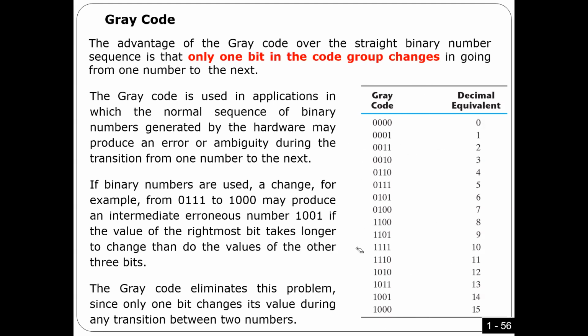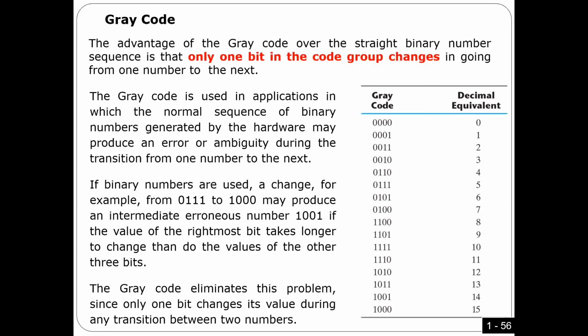But wait a second. We did that in hexadecimal. Every decimal number there had a code too. That's true. However, there is something in hexadecimal that is not acceptable in some applications.